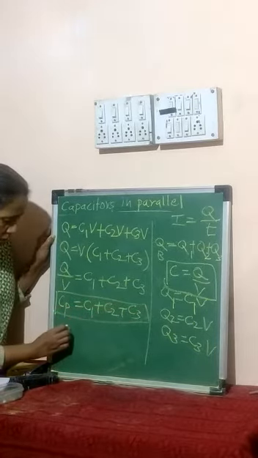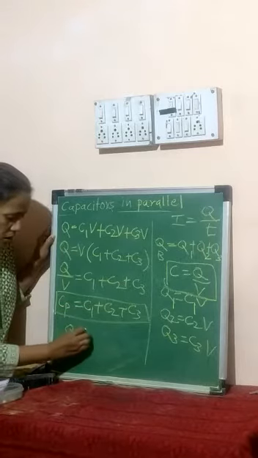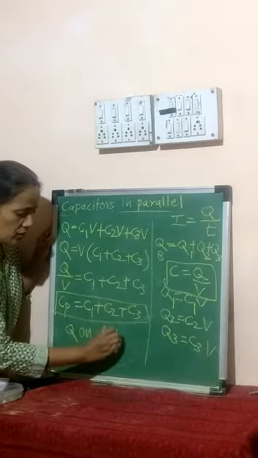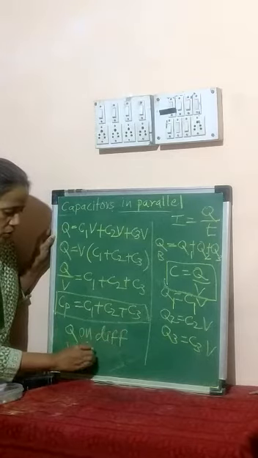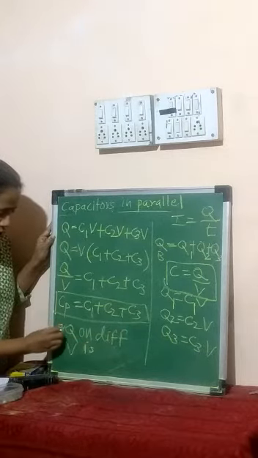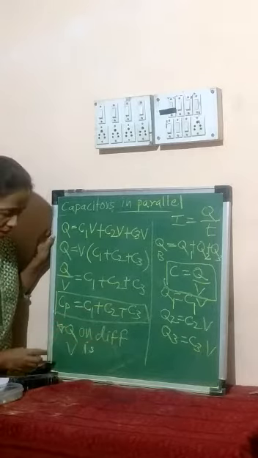For the equivalent capacitance in the case of a parallel combination, there are certain points to be remembered. What is the first point? The charge on each capacitor is different.